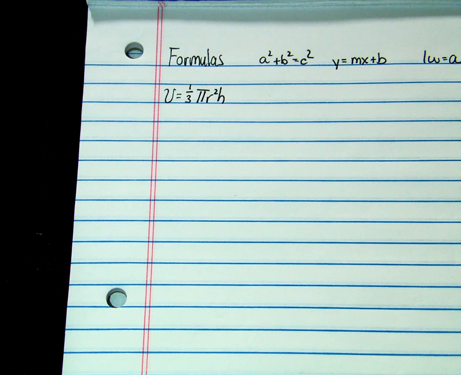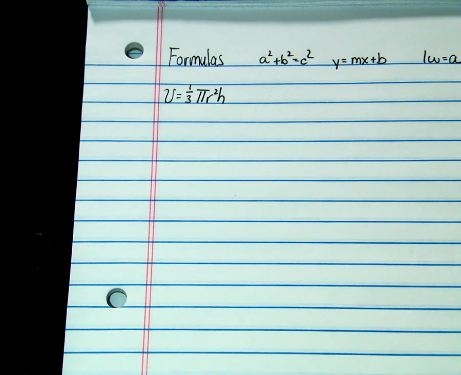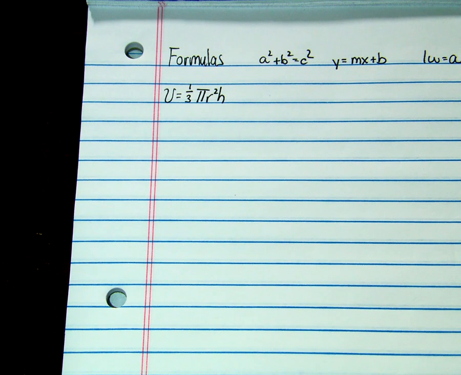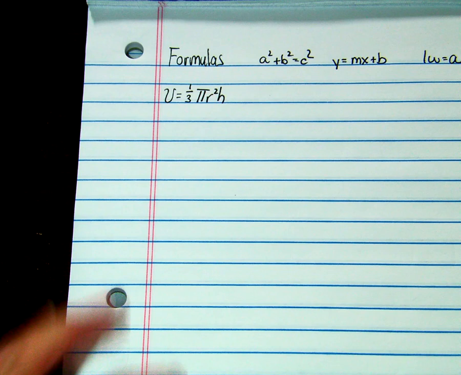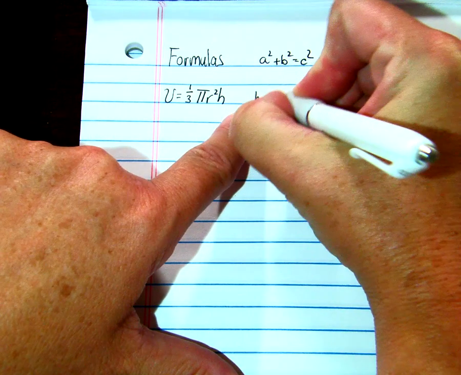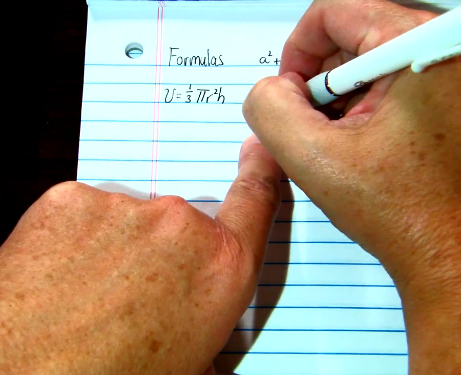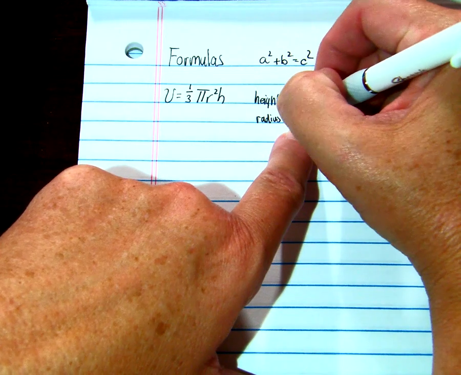Very good. All right, so let me give you some statistics, some dimensions here. Write this down with me. If we have a cone with a height of 225 centimeters and a radius of 75 centimeters, can you find the volume? I'll say it again. With a height of 225 centimeters and a radius of 75 centimeters.